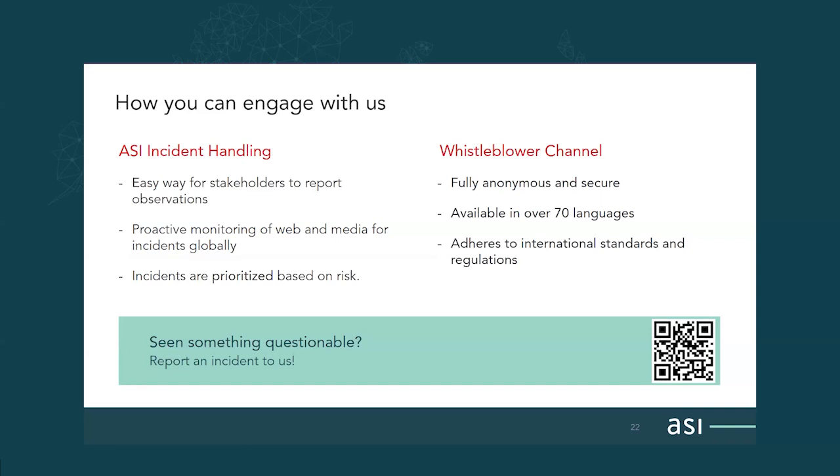And if you have something really confidential where you do not want anybody, also not ASI, to know your name, where you want to stay fully anonymous, but where you have a critical observation, you can use our whistleblower channel. It's available in 70 languages. It's based on the GlobaLeaks platform, so it's truly confidential. Nobody will know who has reported that.